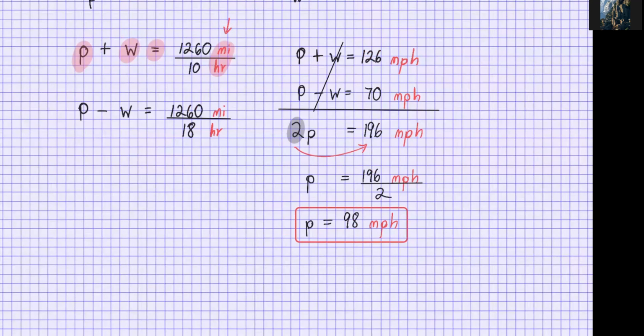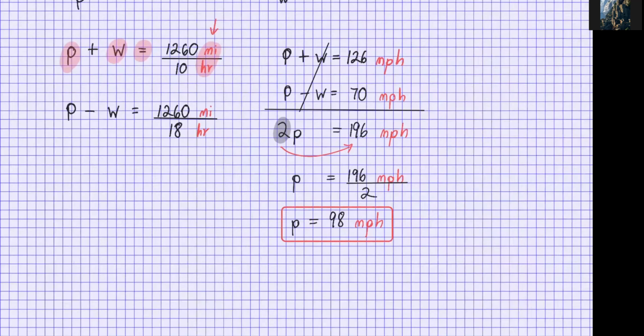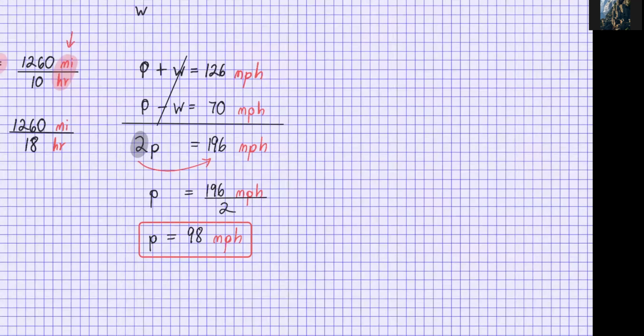Now, in the same way as in the previous problem, it's just a matter of substituting this value into either one. Now, I think this one is easier because we don't have negative signs. We don't have to worry too much about changing this number twice. So let me take this one right here, and I'll do the substitution here. If the speed of the plane plus the speed of the wind is 126 miles per hour, then this speed is adding, it will have to go to the other side subtracting.